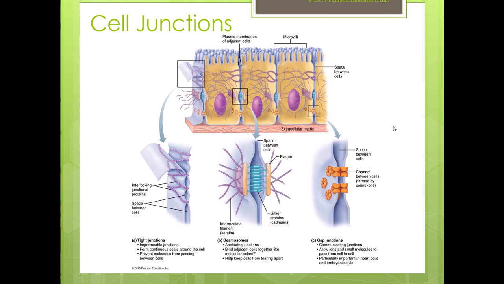Cardiac muscle cells and our skin cells also contain desmosomes. Desmosomes are like spot welds, if you've ever used solder or Velcro. They use little linker proteins, almost like the teeth on a Velcro.